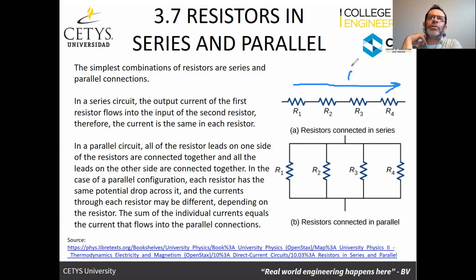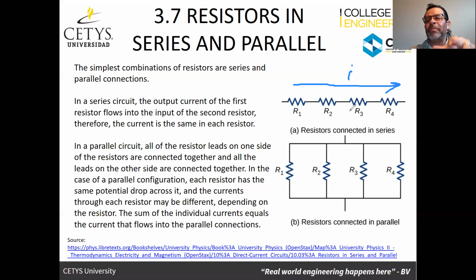Remember that when we were talking about capacitors, we weren't talking about current. We were talking about charge, and in a series connection of capacitors, the charge also behaved similarly. So in a series connection, the current is the same throughout all the elements.